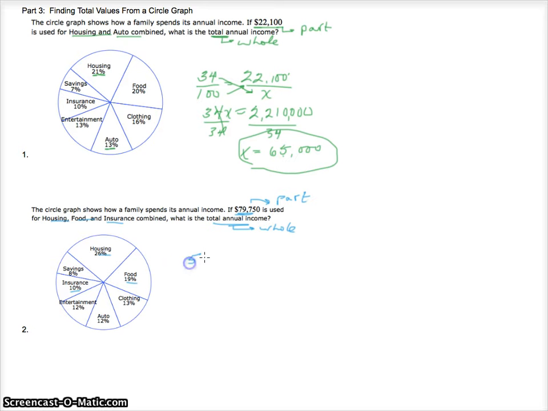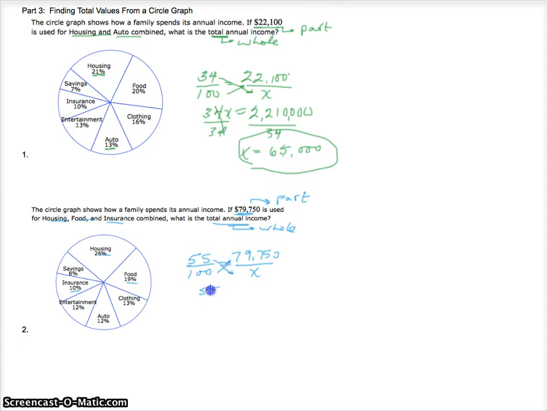So I'm going to have 55% of my annual income is 79,750 over x. Now I'm going to cross multiply.